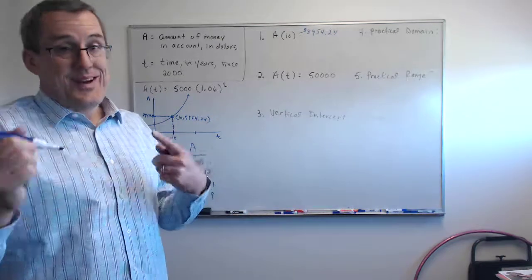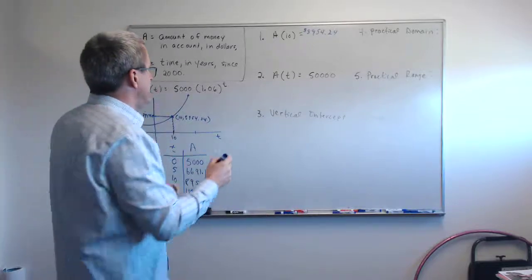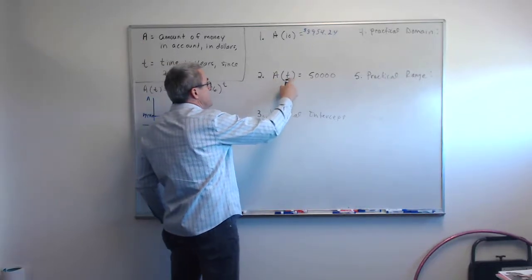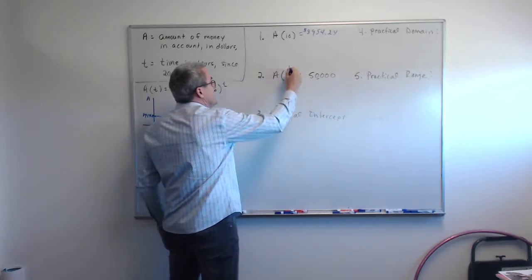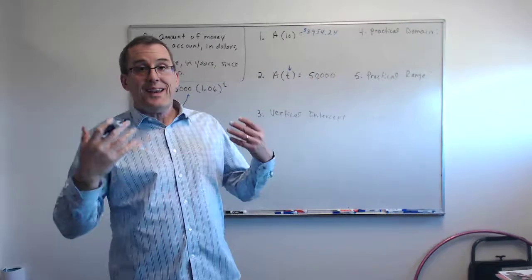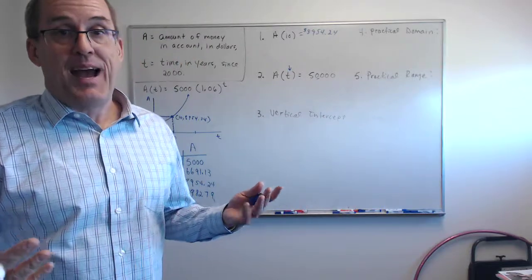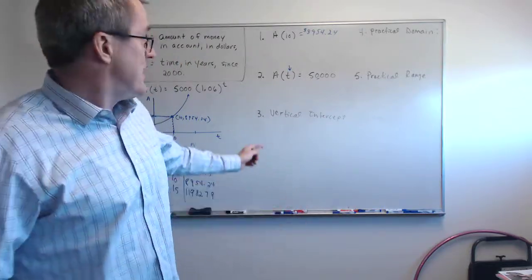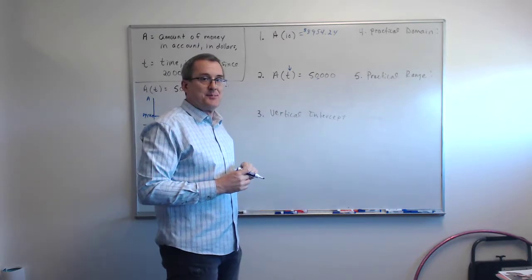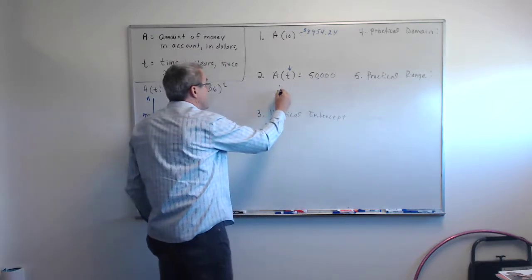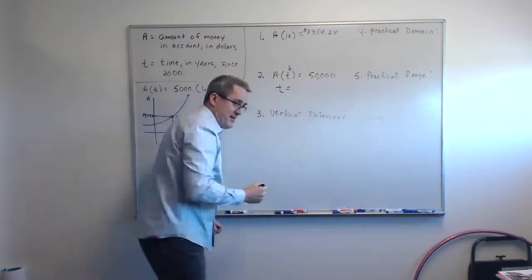Now, we can also ask questions, sort of the flip-flop of that. Look at number 2. A of t equals 50,000, sorry. What that says is, what is the amount of time? How many years would it take until the amount of money is $50,000? So I would want to be able to say t is something.